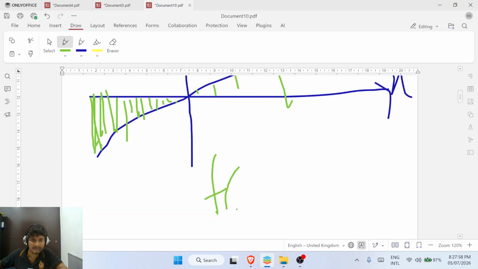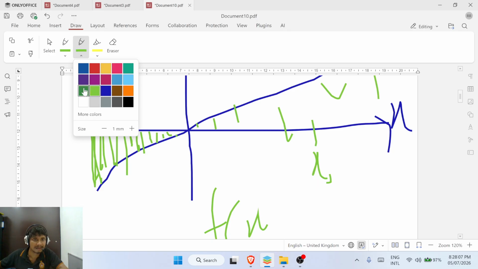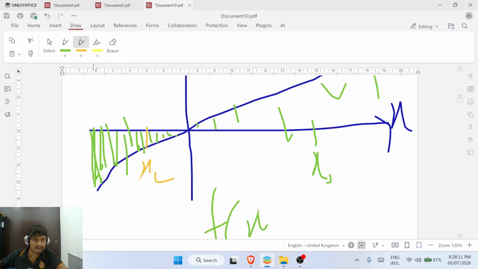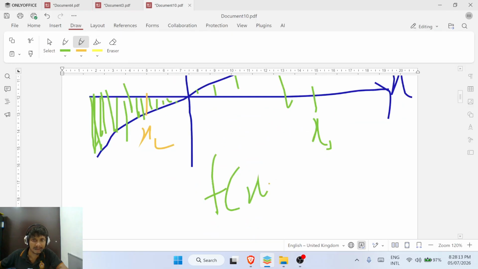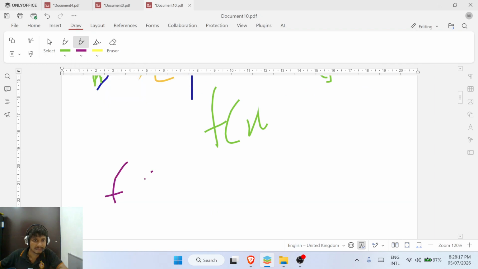Here, for example, there is a value for f of x1, and there is another value for x2. f of x1 is not equal to f of x2.